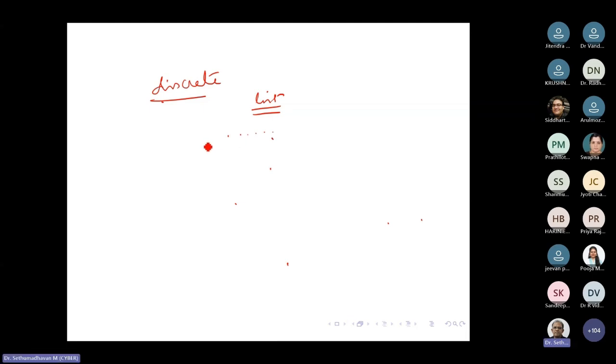This contradicts the idea that a physical quantity must be continuous. Earlier we said a physical quantity must be continuous, but here it is discrete. So this is one problem in the quantum setting.